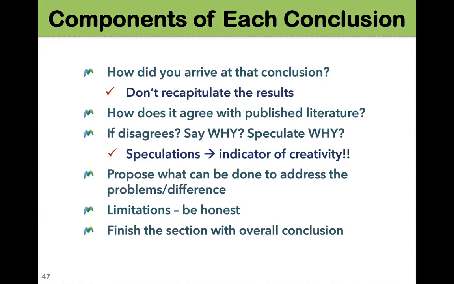No, a good reviewer will say this guy forgot to address something, or is overinterpreting or underinterpreting. So just be honest and say, we recognize the limitations of this study. We didn't have enough samples. However, nevertheless, I think our finding is interesting. And then you finish each paragraph with an overall conclusion.